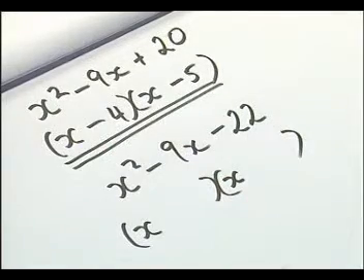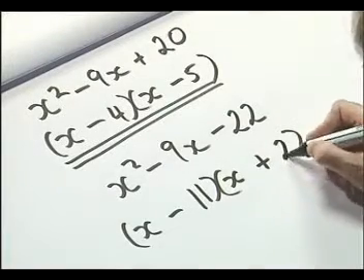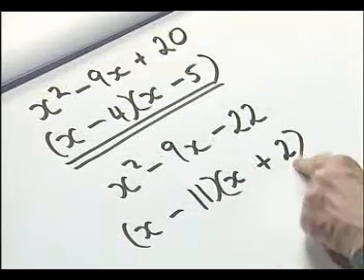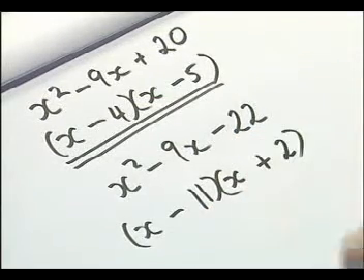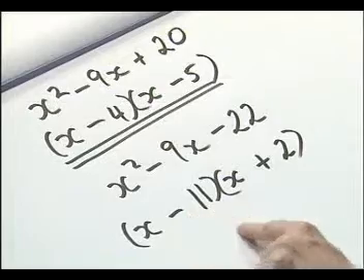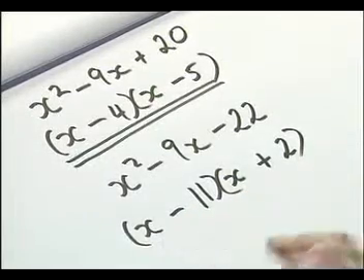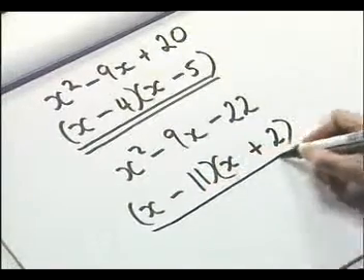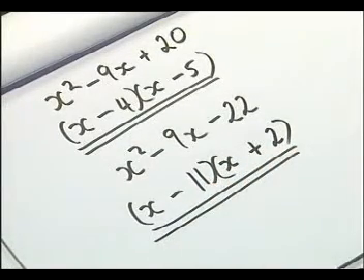But at the end of the day, I need minus 9x, and that suggests that perhaps we've got to have the bigger of 11 and 2 as being negative and the smaller one as being positive. Let's just check. Minus 11 times plus 2 gives me minus 22, and then I have minus 11x and 2x, which gives me minus 9x. So again, we've done that one by inspection.